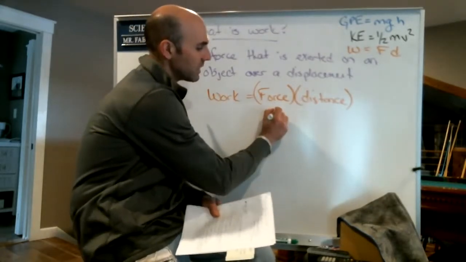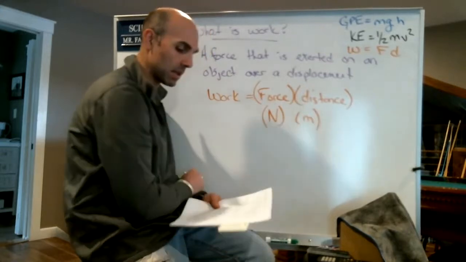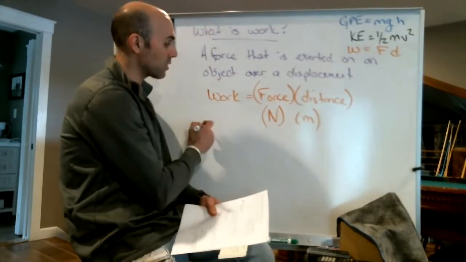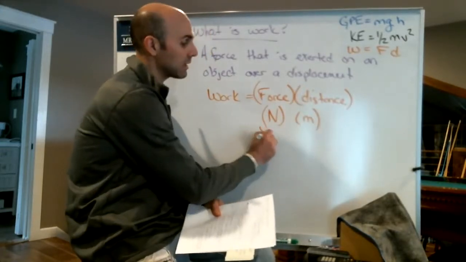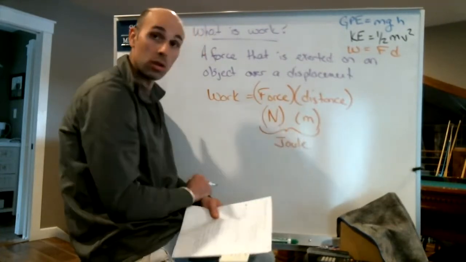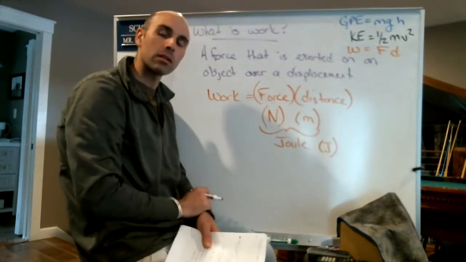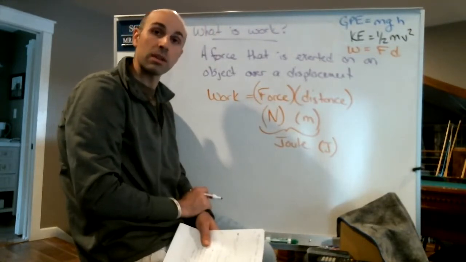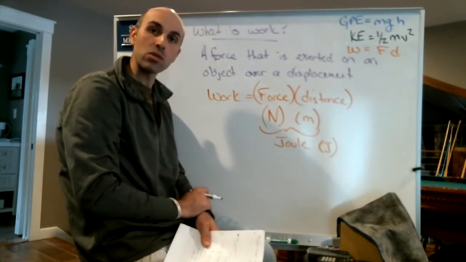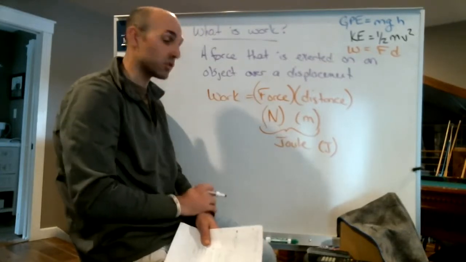So this is measured as a Newton. This is measured as a meter. So that would let us know that work is a Newton meter. And guess what a Newton meter is? It is a joule, which we know is abbreviated as J. What other measurement also has the units of joule? And you're correct, energy.